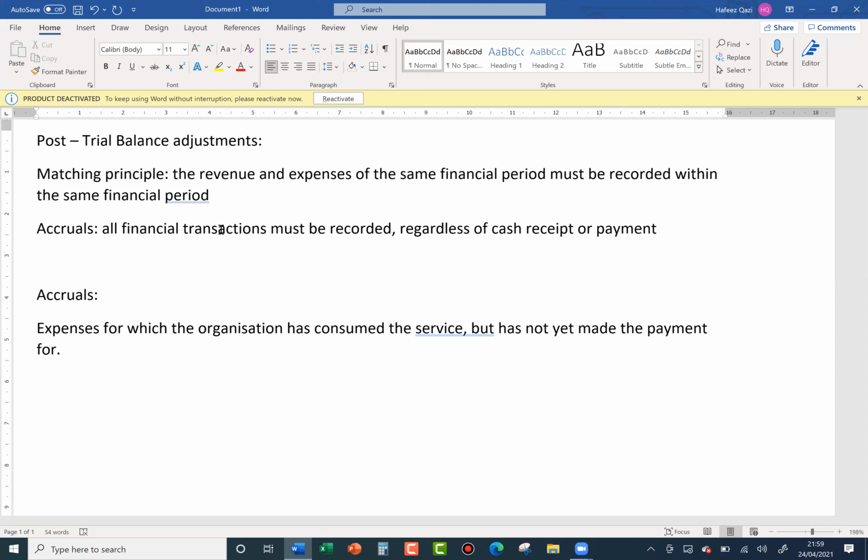A number of times it happens that the business receives the service, but the payment has to be made in the next financial year, in the next financial period, because a number of times these service contracts are of such nature that the bills or invoices are raised after the financial year has ended. Now think about your personal life, especially utility bills.